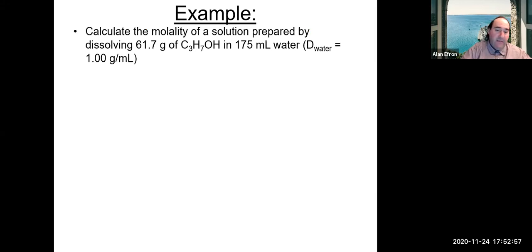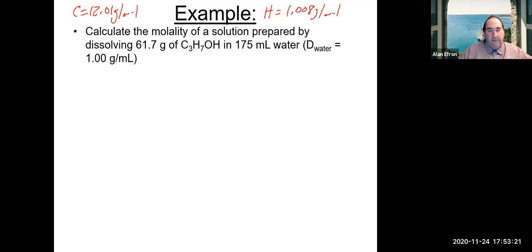Calculate the molality of a solution that's prepared by dissolving 61.7 grams of C3H7OH in 175 milliliters of water. Maybe some numbers here. Carbon is 12.01. Hydrogen is 1.008.